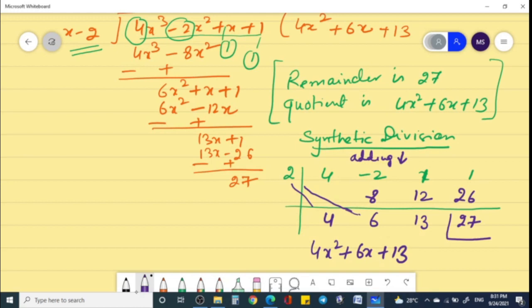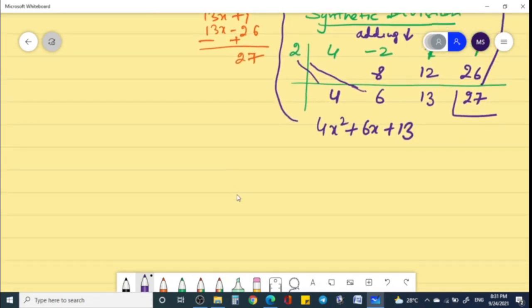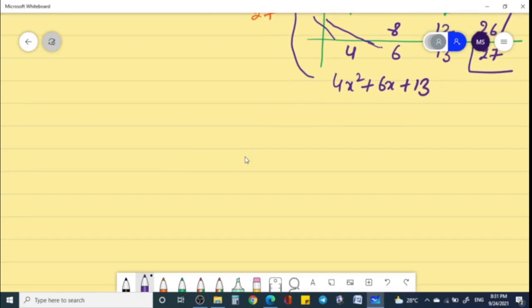So this is the quotient and this is the remainder. Synthetic division is quite useful to determine the remainder and quotient of a given polynomial.